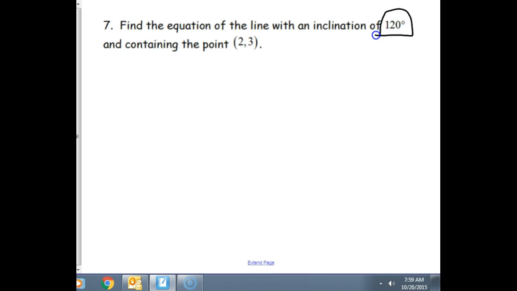Okay, that's on the unit circle, so I'm going to have to use exact values here. So, tan of 120 degrees equals m. Okay? Tan of 120 degrees is what? Negative square root of 3.